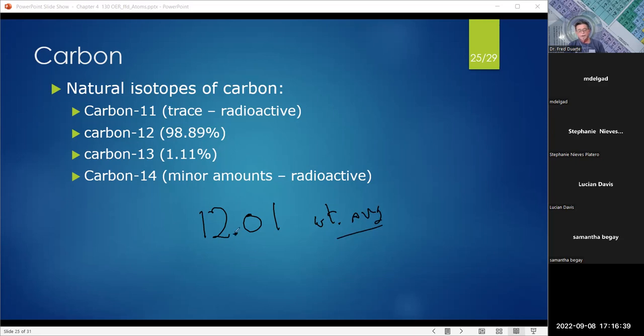And that's why we can round it up to a whole number, and that gives us the most abundant isotope for that element.